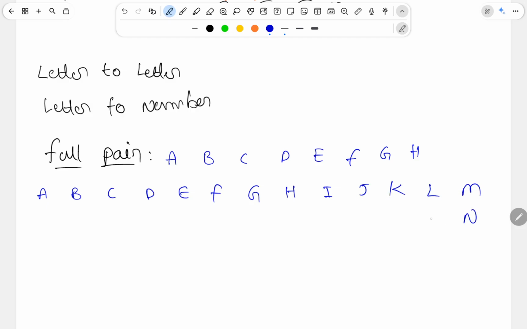Now write from N to this side, X, Y and Z. Now give the numbers: 1, 26, 25, 2, 3, 24. See how my pen is moving. So you have to learn all the letters by heart in such a way.